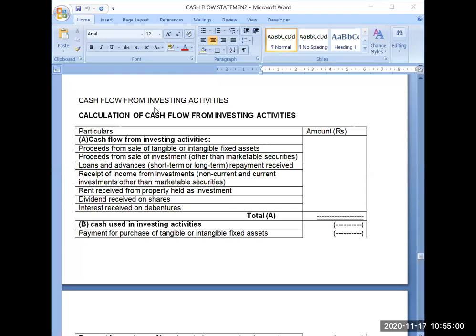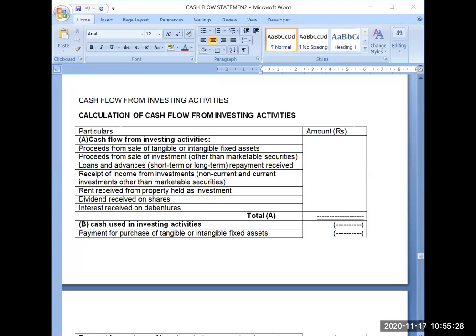So if you are getting any money from these non-current assets, it will be an inflow for cash flow statement. And if you are purchasing any fixed asset or any non-current asset, then it will actually become an outflow.